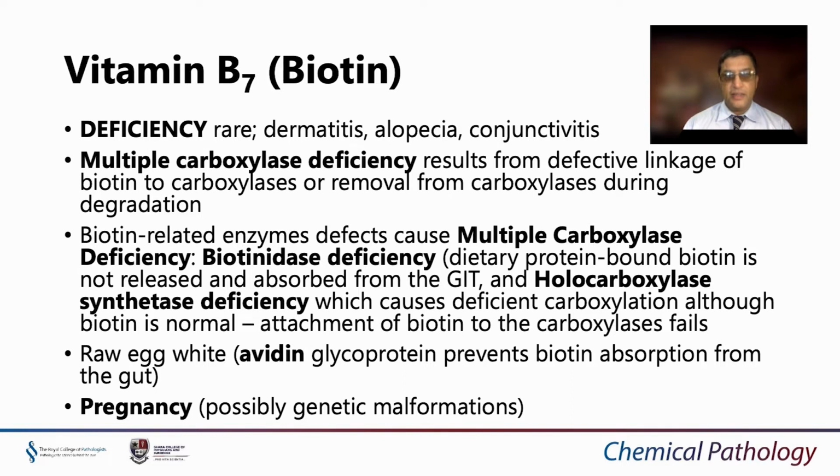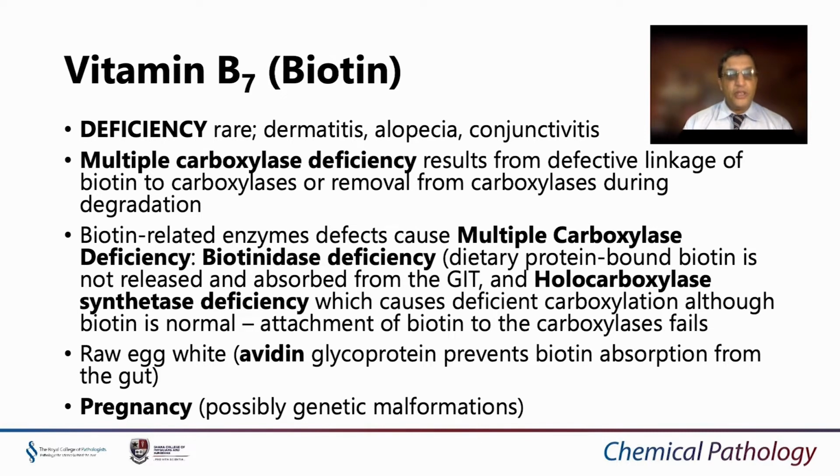Biotin-related enzymes can also cause multiple carboxylase deficiency. The two enzymes implicated are biotinidase deficiency and holocarboxylase synthetase deficiency. These enzymes are responsible for the release and absorption of biotin from the GIT and the attachment of biotin to the carboxylase, respectively.